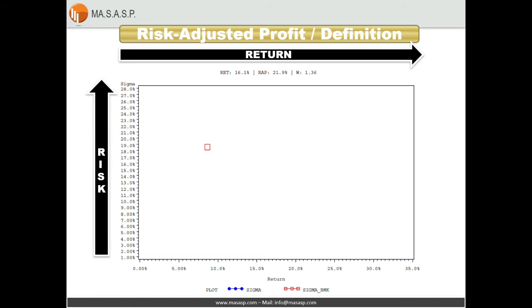Well, the benchmark is represented here by this red square. Our system is represented by this blue square. Our system volatility, the y-axis coordinate of our system, is lower than that of the benchmark.